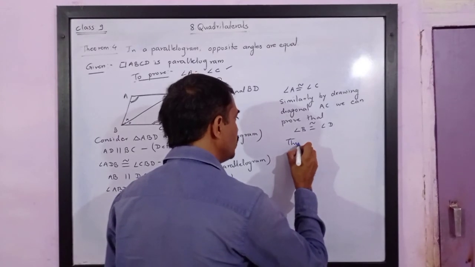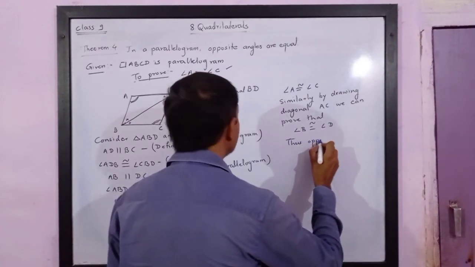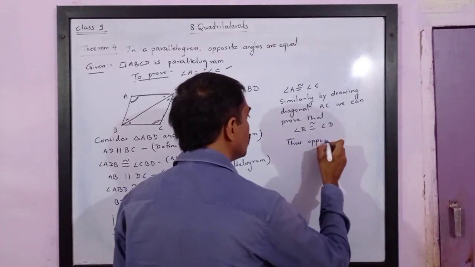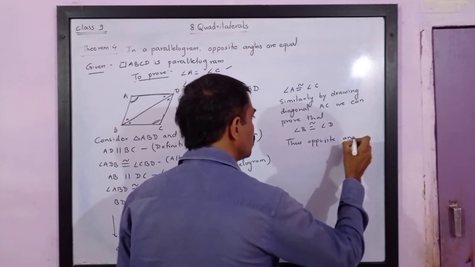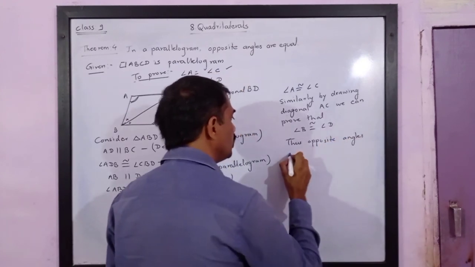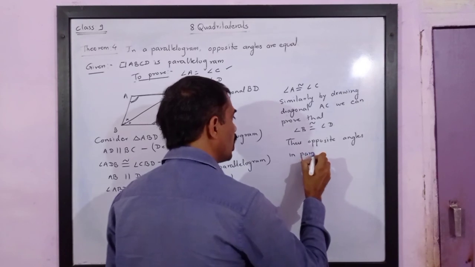Thus, we can say that opposite angles in parallelogram are equal.